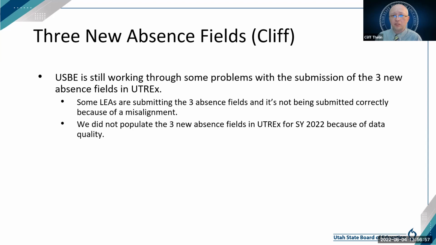For the time being, with this being new data, there is not a heavy impact as we've not started using it yet. So that gives us a buffer, and gives you a buffer as well. So you don't need to get worried or stressed about those 3 new absence fields until we get back to you and let you know that they're completely ready. And that's when we'll start to reference that data as being accurate and continue to use it.